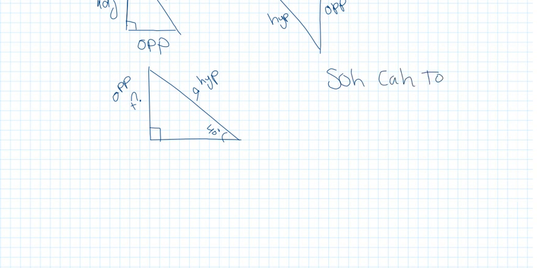What's my angle equal to? So sine of 40 is equal to... do I know the opposite? No, so the opposite is x. What's the hypotenuse? 9. Now, how do I solve for x?